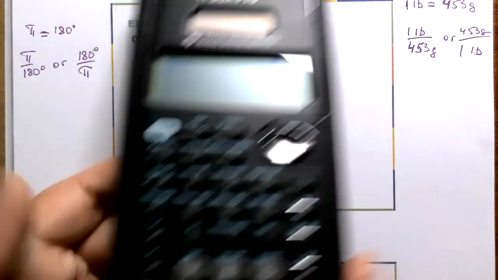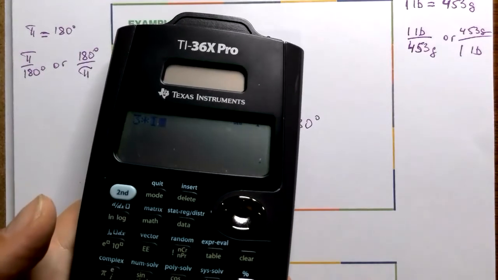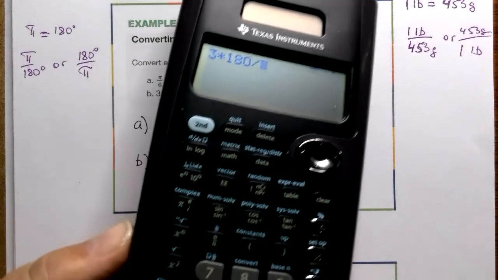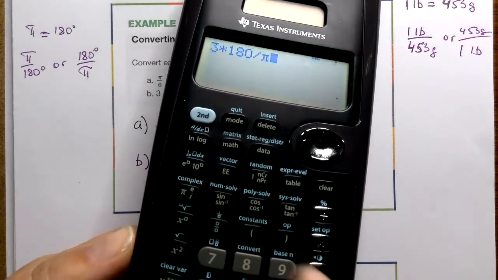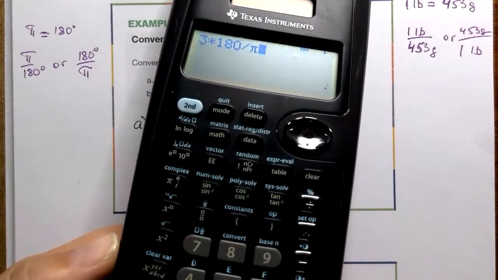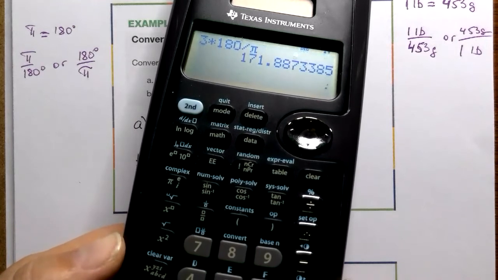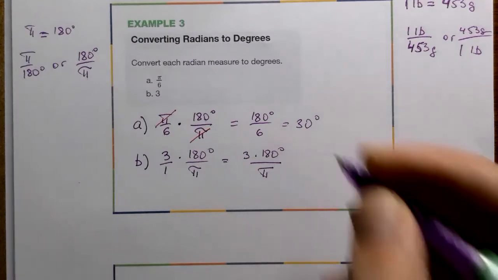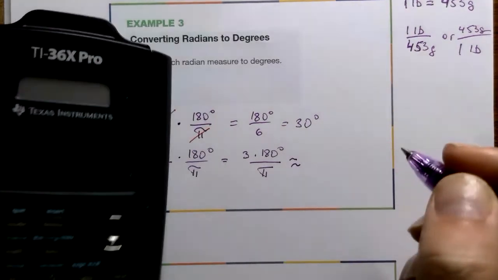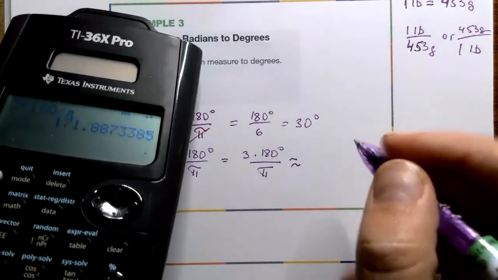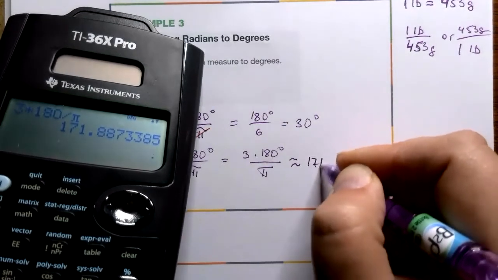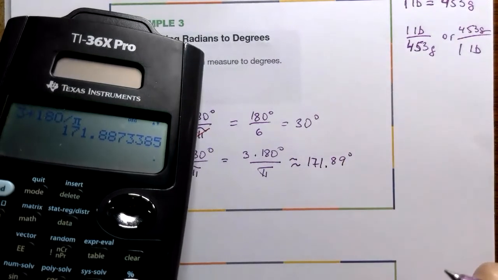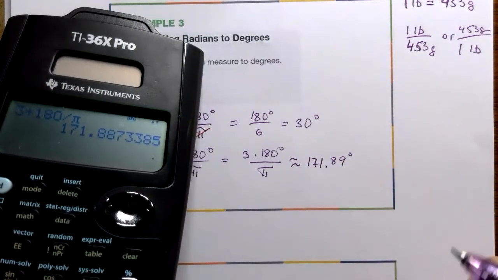So what we do is 3 multiplied by 180 and divided by pi. I'm going to push enter, and this is what we get. We're going to round this number to about 171.89 degrees. All right.